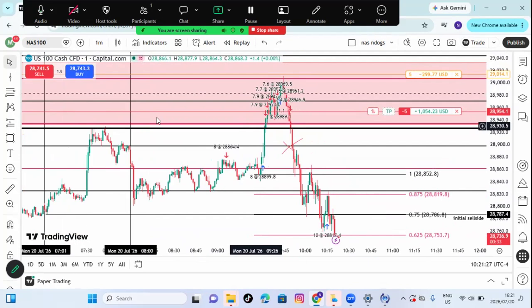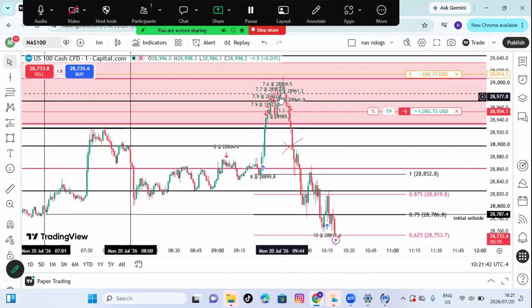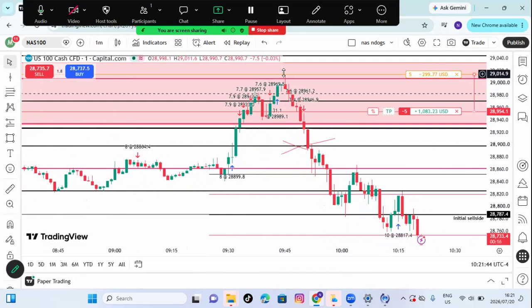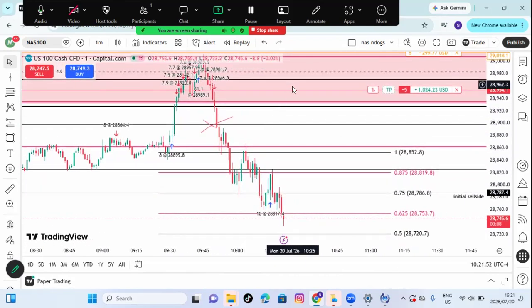I entered right as it took this high, as you can see there. I was entering right there. Then my stop was just above this. Then they took my stop, and then I returned because this is bearish. Sold, stop right there, and then it was falling like this, as you are seeing it.